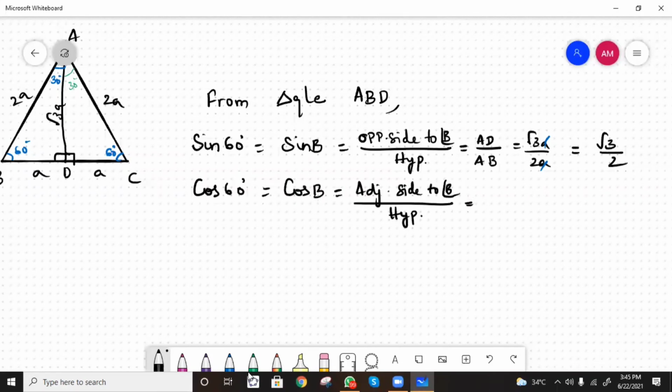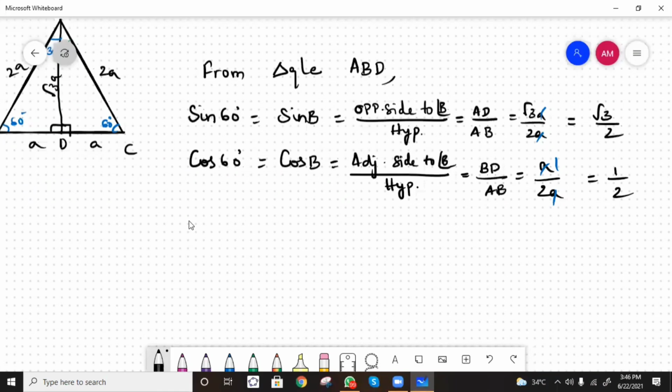So what is the adjacent side to 60 degrees, this B? It's nothing but BD divided by hypotenuse AB. What is BD? A. What is AB? 2A. Let us cancel A. So we get 1 by 2. Simple.